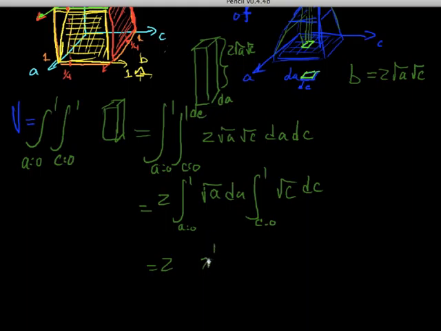We increase the power by 1, giving A to the 3/2, divided by the new power, so I'm going to put a 2/3 here. That's evaluated at 1, and then we subtract the evaluation at 0. I'm sorry, it's meant to be A to the 3/2.